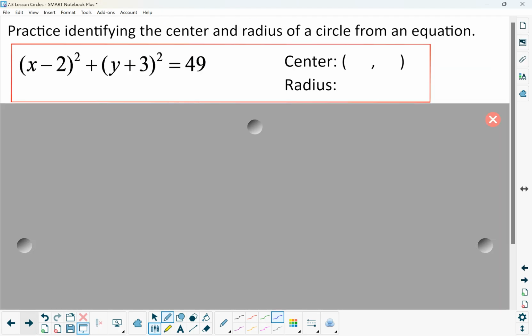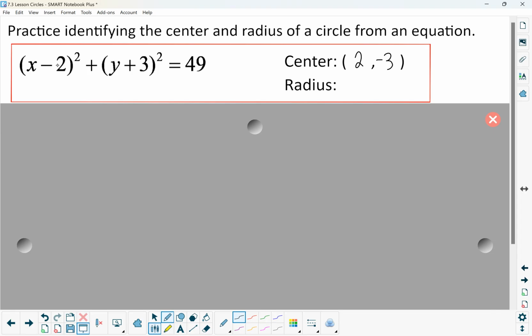Okay, so we're going to just practice identifying the center and the radius on a couple of equations without graphing them, and then we'll do a couple more graphs. So x minus 2 squared plus y plus 3 squared is equal to 49. So that center is at 2, -3. Again, we see a sign change.